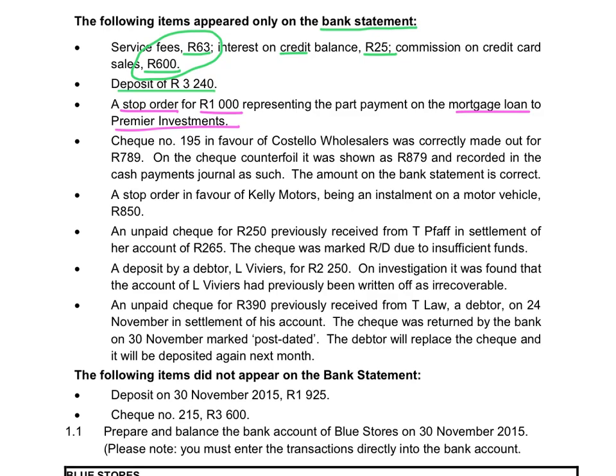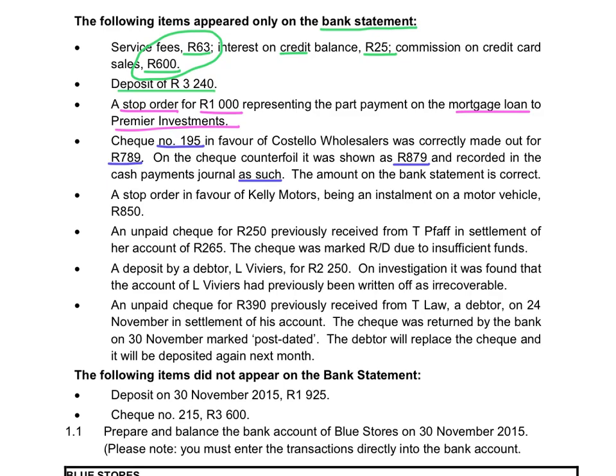Check number 195 in favor of Costello Wholesalers was correctly made out for 789. On the check counterfoil, it was shown as 879 and recorded in the cash payments journal as such. Now remember, the check and the counterfoil should have exactly the same information on it.